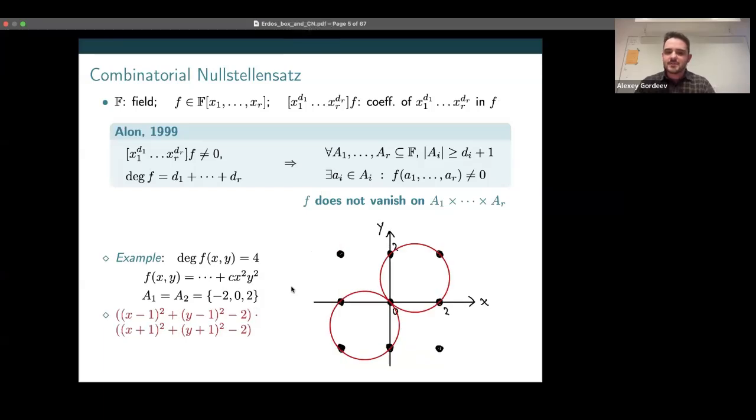Or we can consider a product of two equations for circles, and this would also be a polynomial of this form. It again covers some points, but it cannot cover all the points. That's the point of the theorem: polynomials of this form cannot cover any sufficiently large multidimensional grid or product set.